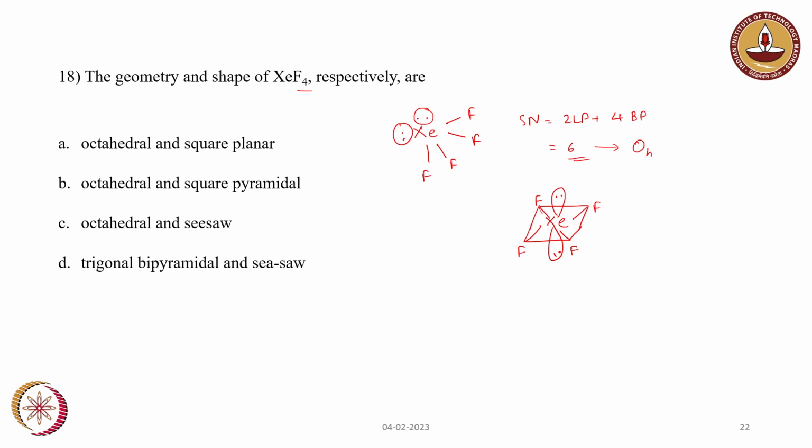For 6, we expect an octahedral geometry, and in 6 of them, 2 is lone pairs and 4 is bond pairs. So lone pairs are kept as far apart as possible to minimize repulsion. So we have octahedral geometry with square planar shape. So the option A is the answer.